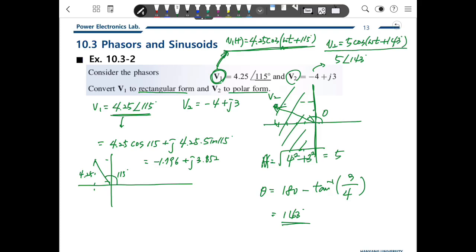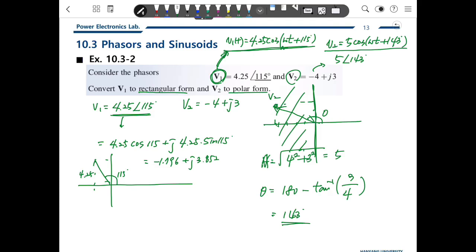So when you convert to the time domain, the polar form is more useful. But when you work in the complex plane, sometimes the rectangular form is more useful.